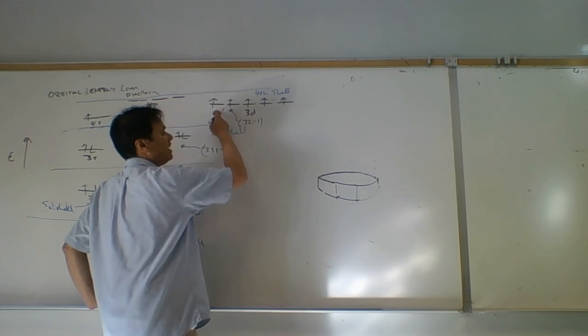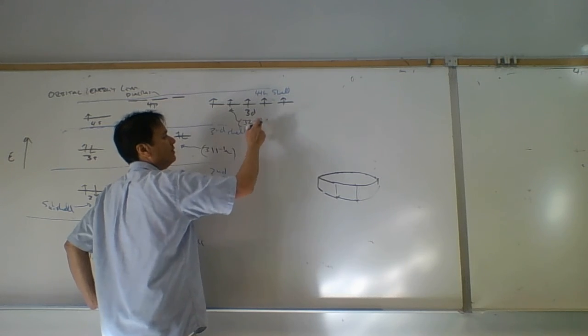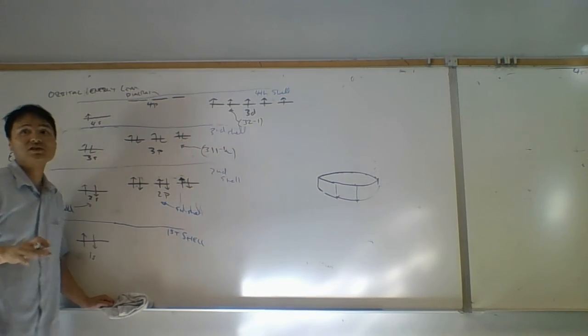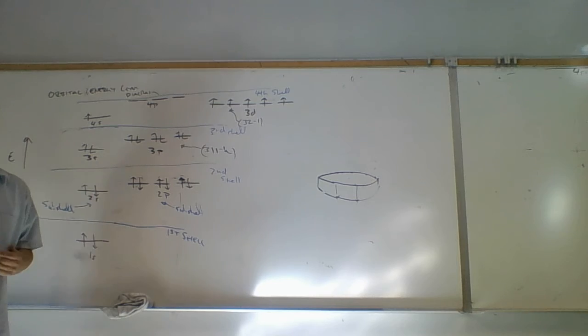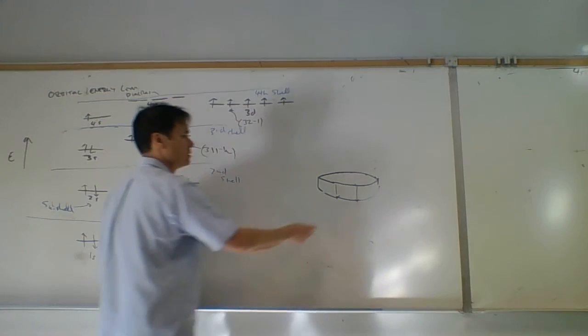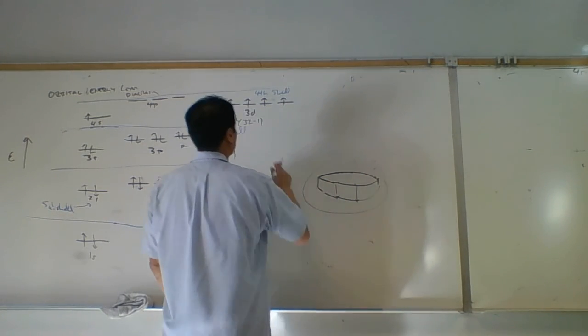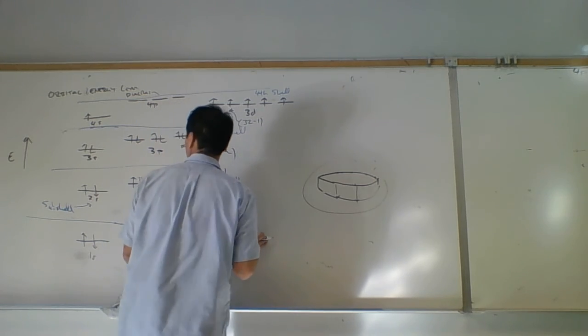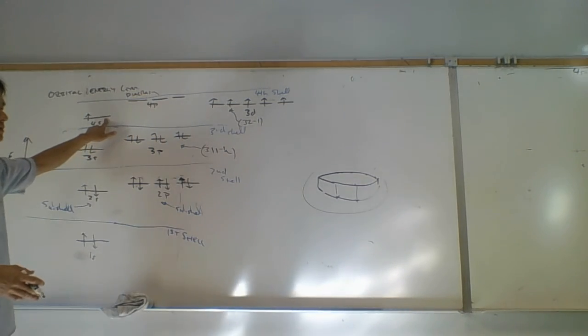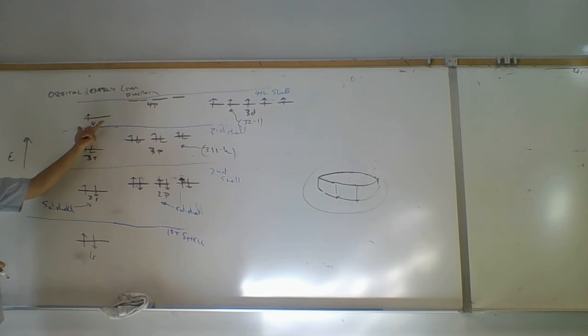So what we're going to get is a half-filled d orbital. A half-filled d orbital is good because it has this type of symmetry. But it's going to cost because we have to take a slice from the s. But if we take a slice from an s, it's still spherically symmetric. And so an s is not as critical.